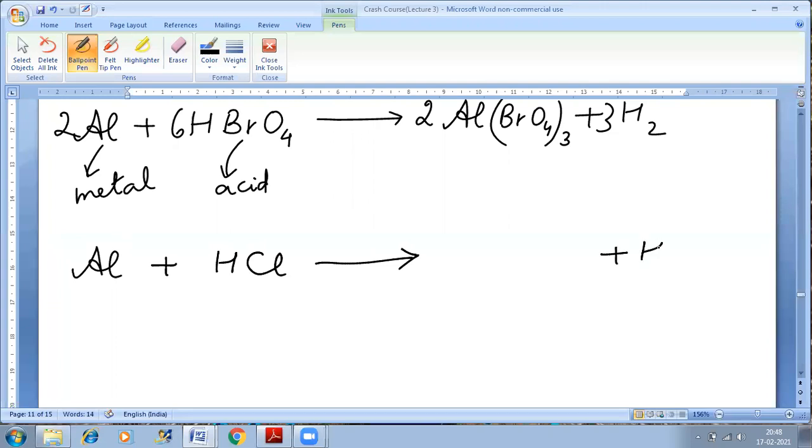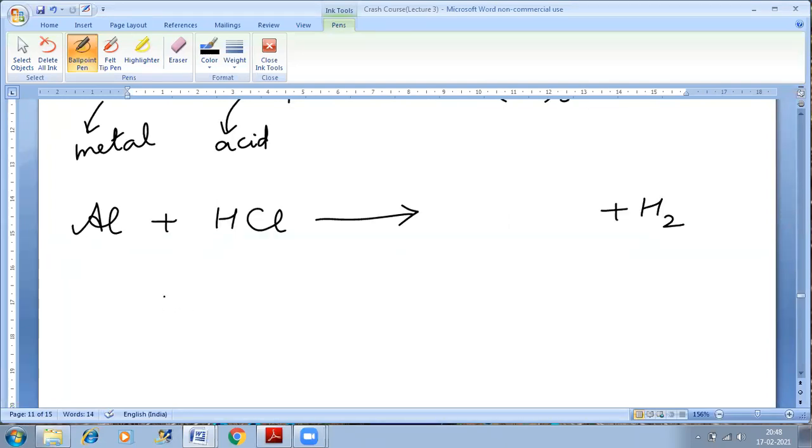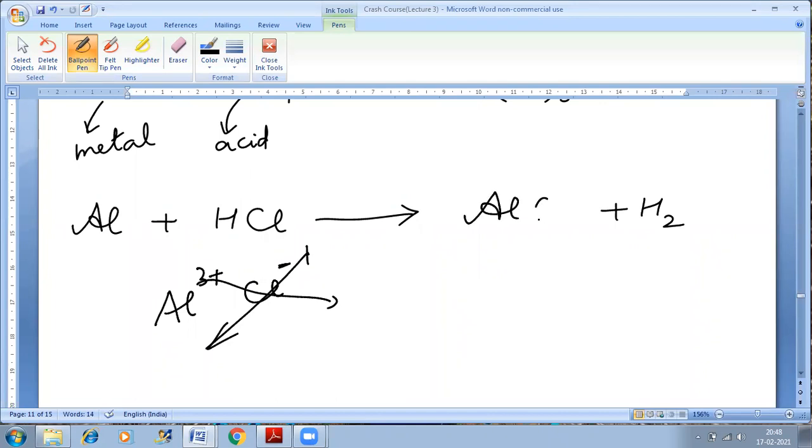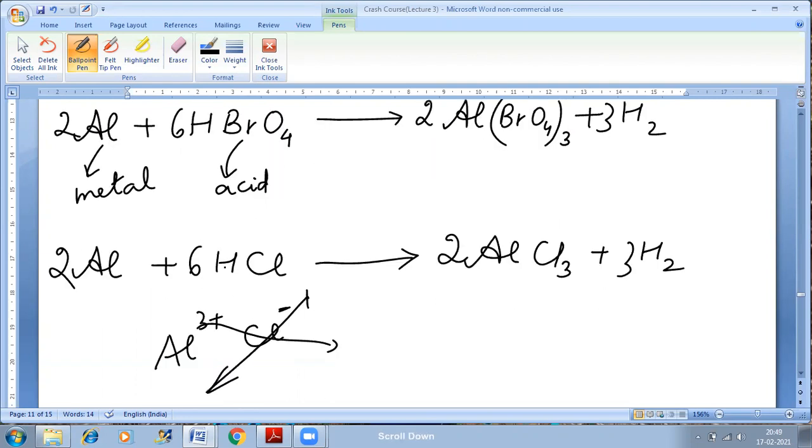So salt plus hydrogen. Al3 plus will be the cation. Cl minus will be the anion. 3 goes here, 1 comes here. So AlCl3. Okay. So metal plus acid gives salt and hydrogen.